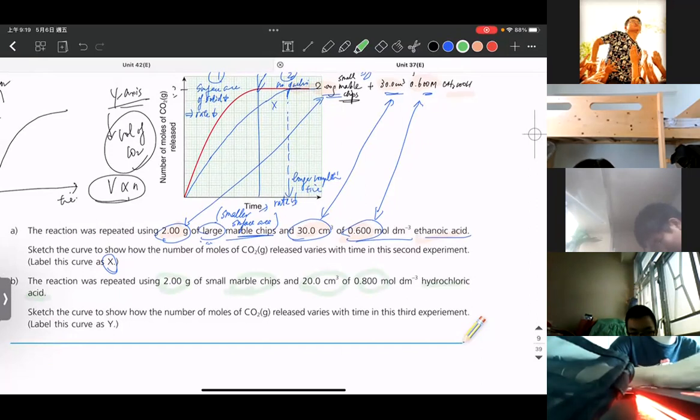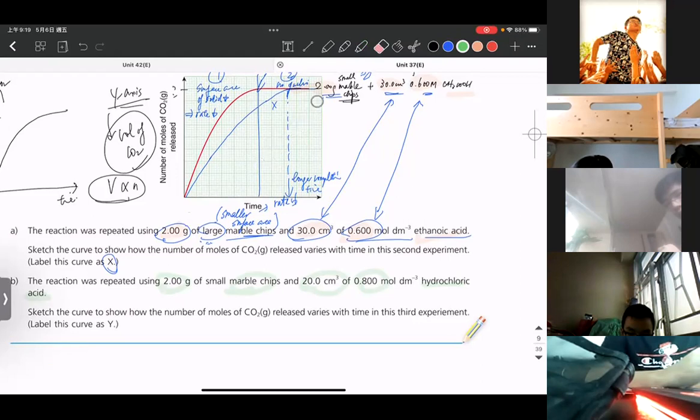Again, I split the graph into two parts. One is with a curve, the other one with what? With a flat part. How would it be like? Can anyone answer that separately?